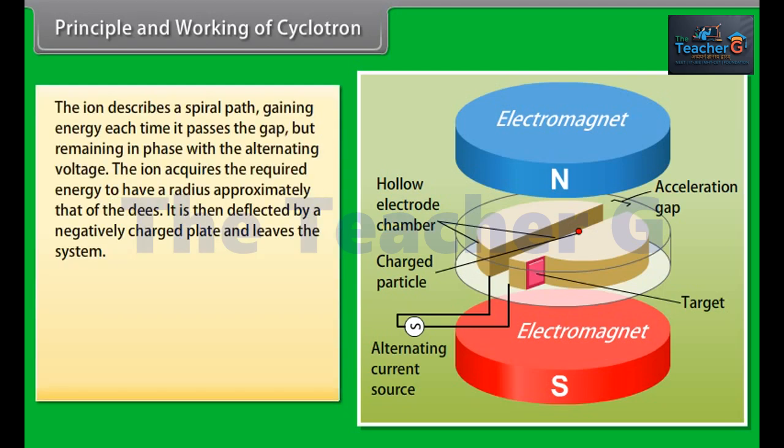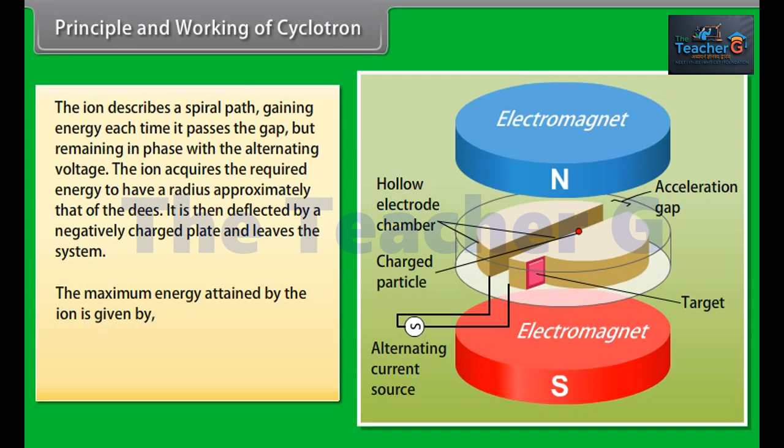The ion describes a spiral path, gaining energy each time it passes the gap, but remaining in phase with the alternating voltage. The ion acquires the required energy to have a radius approximately that of the Ds. It is then deflected by a negatively charged plate and leaves the system.